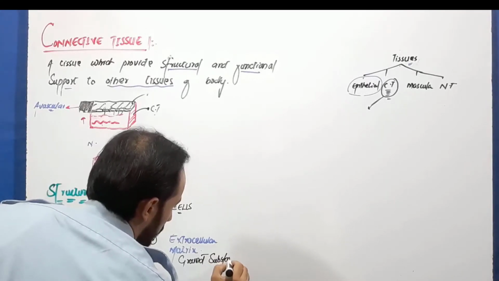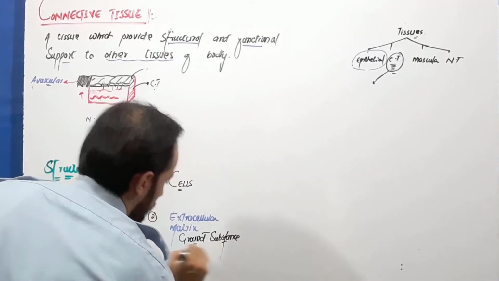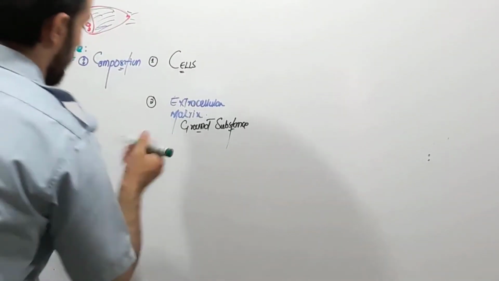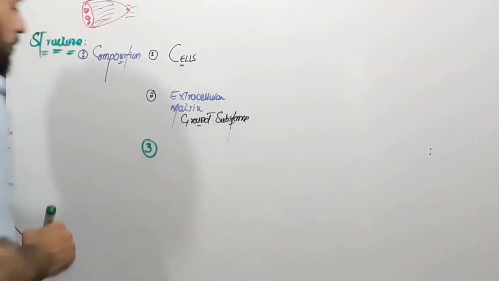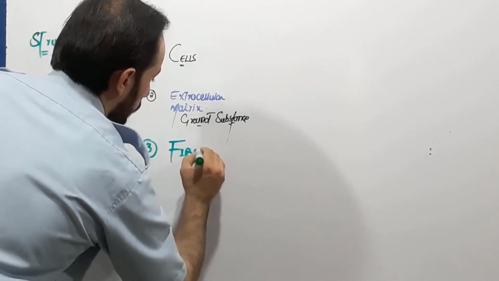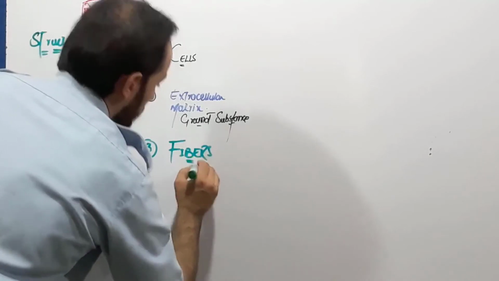In this lecture we are going to discuss this ground substance. And the third important factor present in a connective tissue is the fibers of the connective tissue.